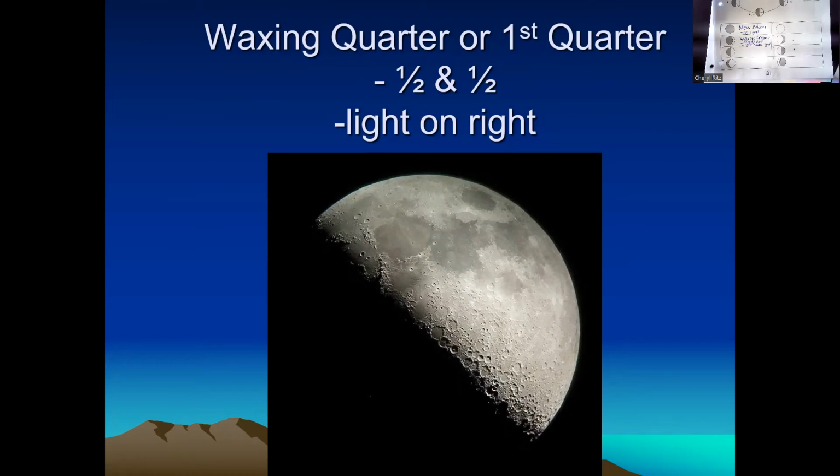Again, you're going to have to be able to look at pictures and tell me what the name of that moon is, or you're going to have to go the other way where I give you a name and you have to draw it.